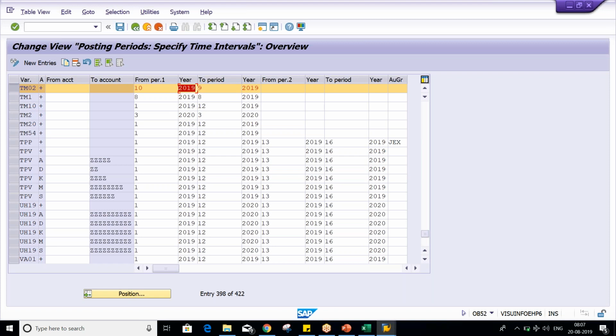Even though we say 2019-20, what is the actual financial year? It is 2019 itself, which is going to end in March 2020. Till March 2020, our 2019 will be there.